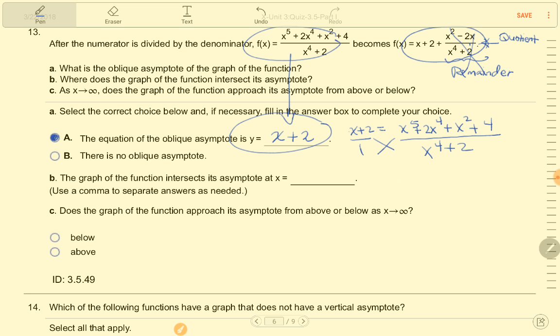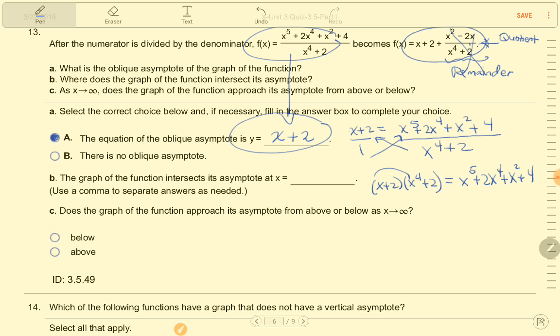We'll cross multiply. On the left, I'll have x plus 2 times x to the 4th plus 2, and on the other side, 1 times this. Then we want to figure out when they will be equal.